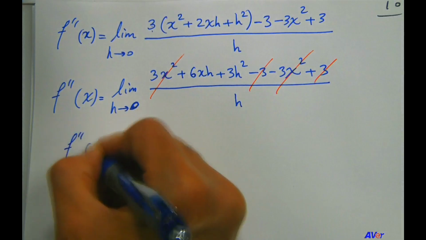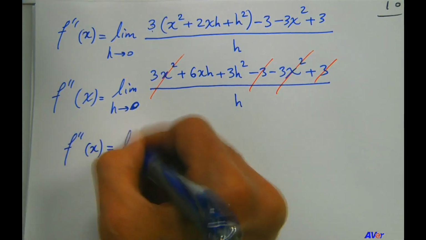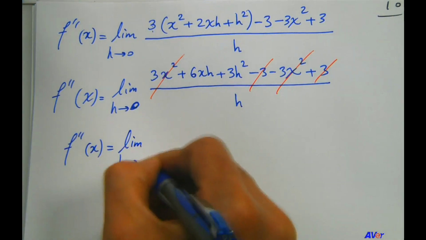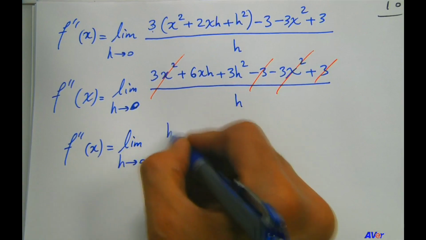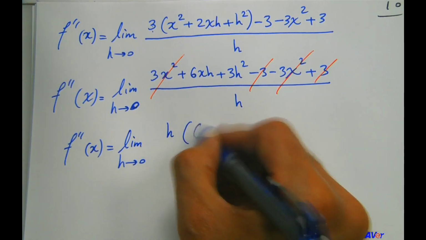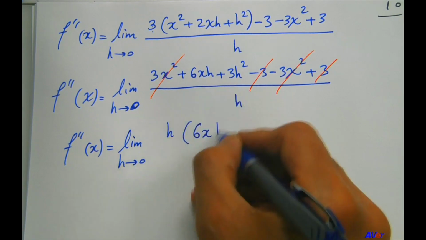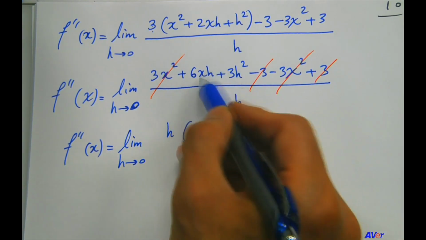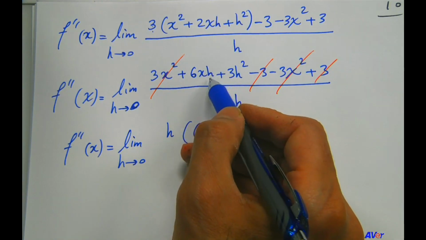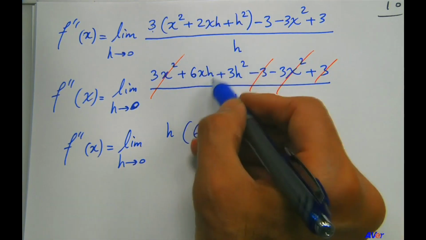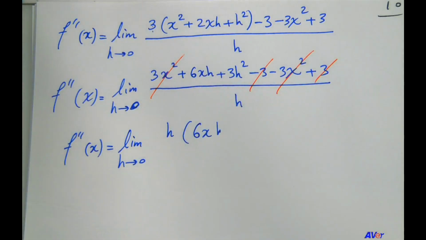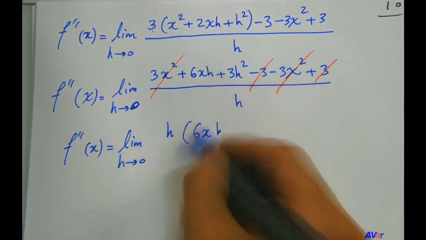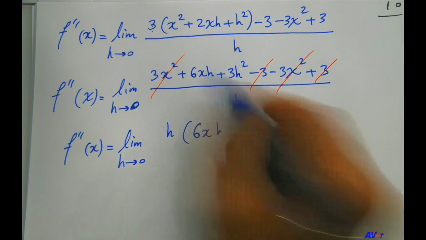So we end up with f double prime of x equals h times 6x. Well, we can factor these two, right? This would be skipping one step. I hope you don't mind.